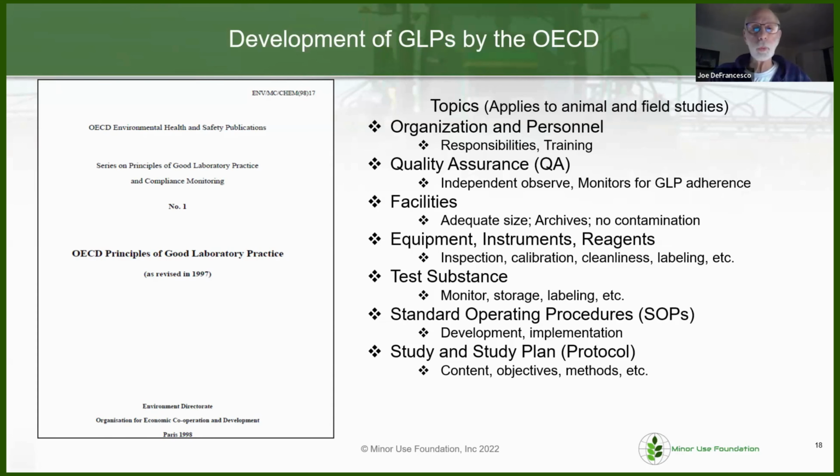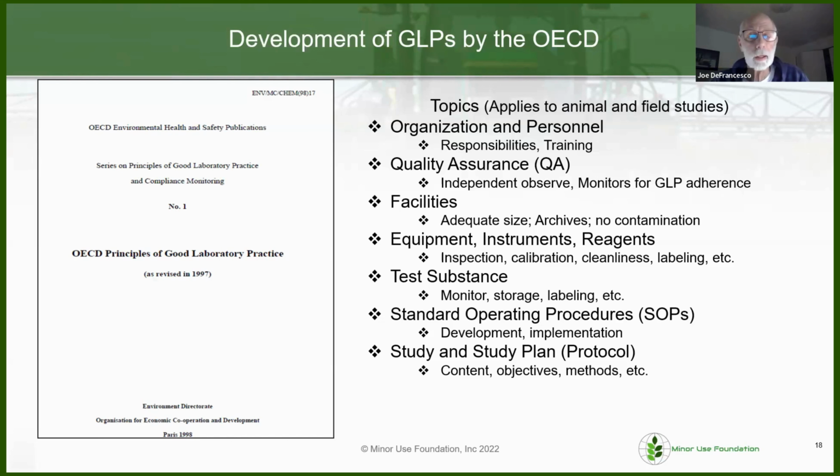For the field, that person will go out with you and observe an application. They might go observe a harvest of the samples to make sure that they're done properly according to the protocol and that you're using good GLP guidelines while you're doing the activity. So that person is independent and is an observer in the study.